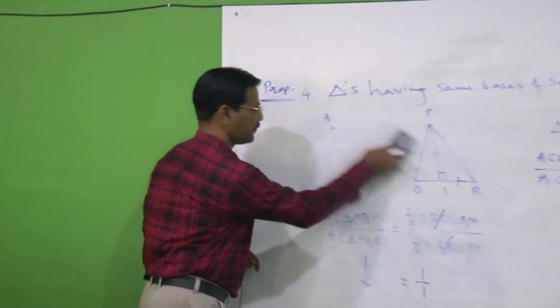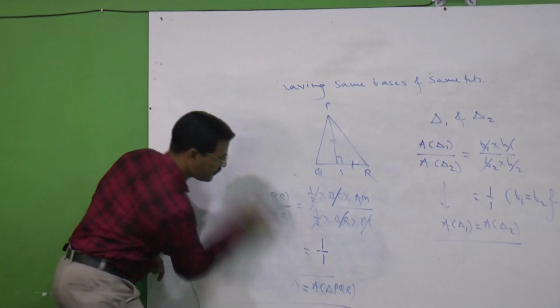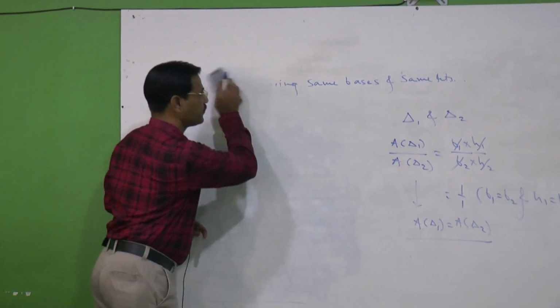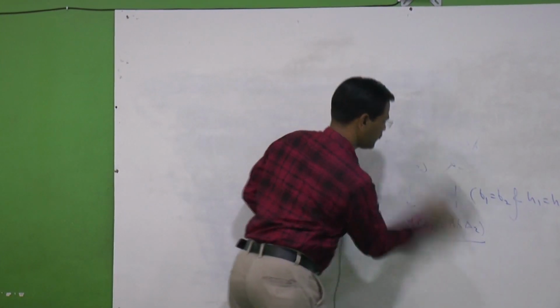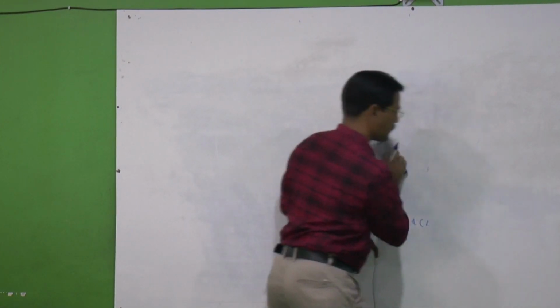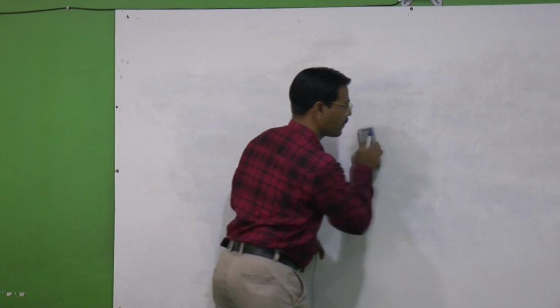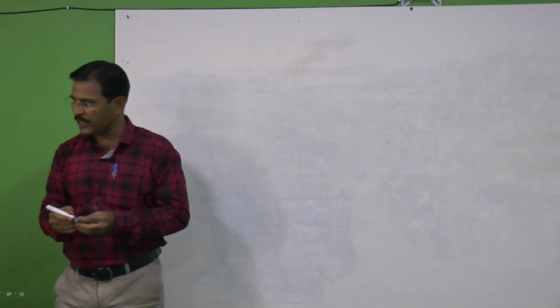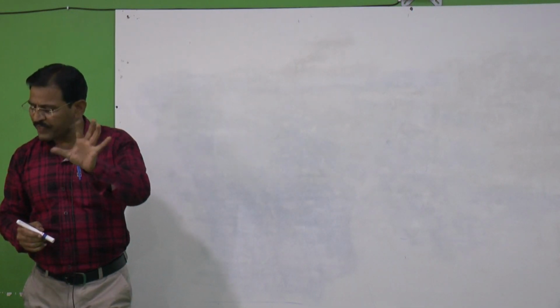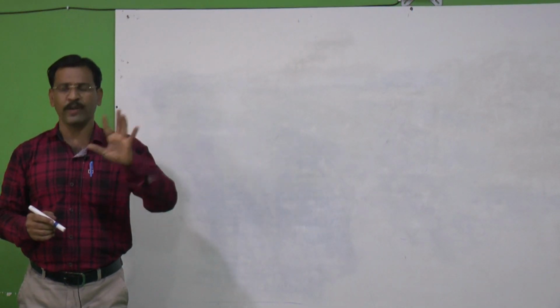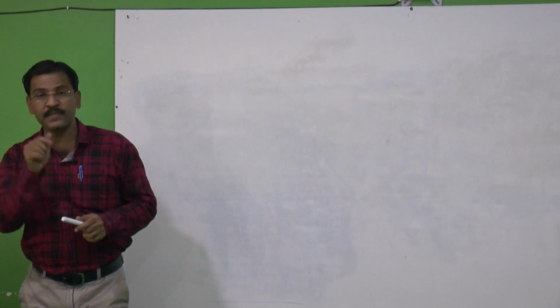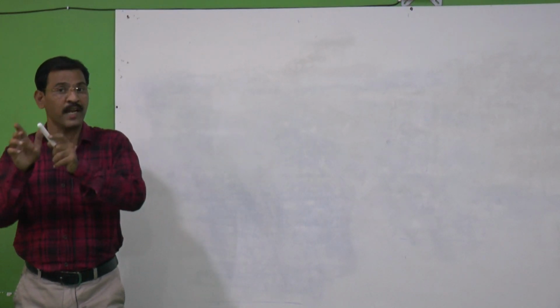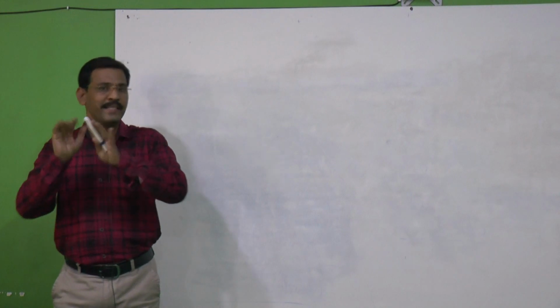See here, in the first example, what is given to us? I'll read first here. Base of a triangle is 9 centimeter, 9 units, and height of that triangle is 5. So base of one triangle is 9 and height is 5.